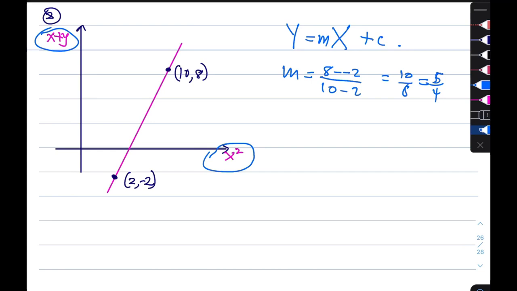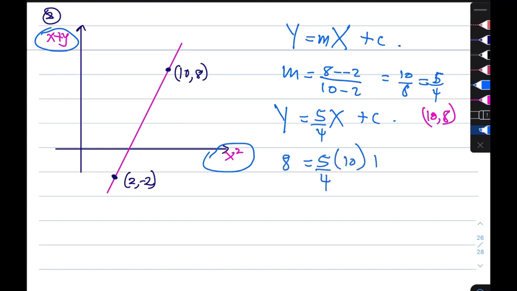Now, so that means big Y is equal to 5 over 4x plus c. Maybe we want to use 10, 8 to find the constant term or the y-intercept. So you have 8 is equal to this into bracket 10 plus c.